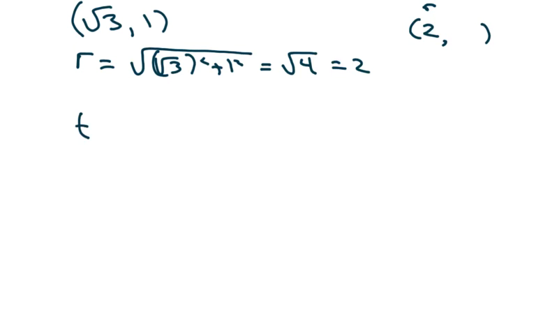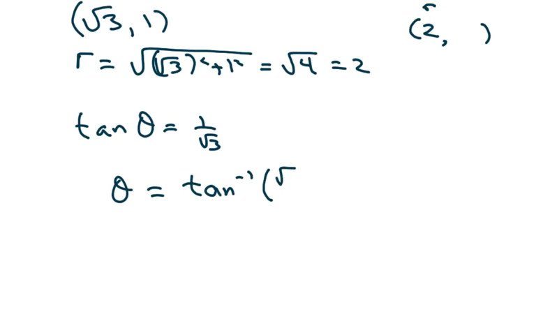Now we're going to do tan of theta equals 1 over square root of 3. And if you take inverse tan, we can remember this is just square root of 3 over 3, and this equals pi over 6. This was kind of easy because we're already in quadrant 1. So we have pi over 6.